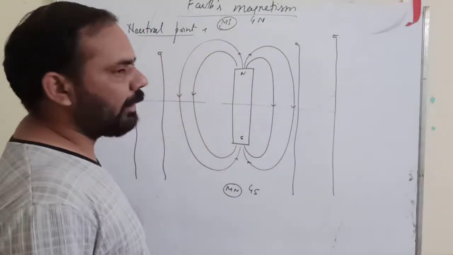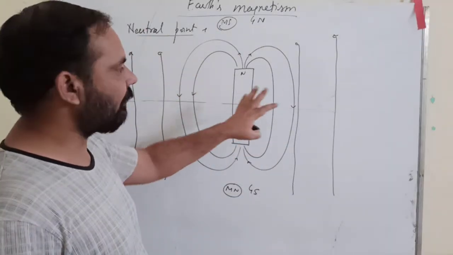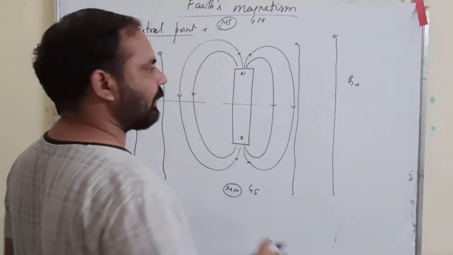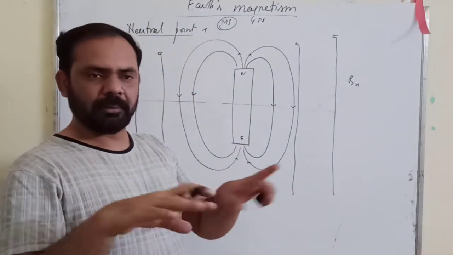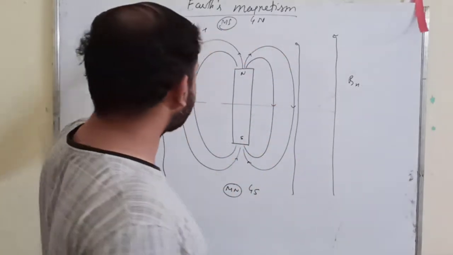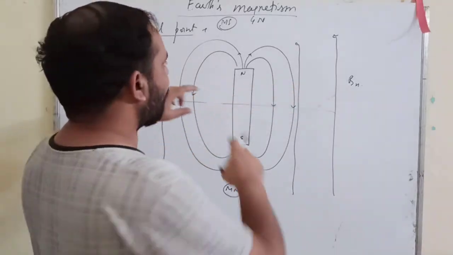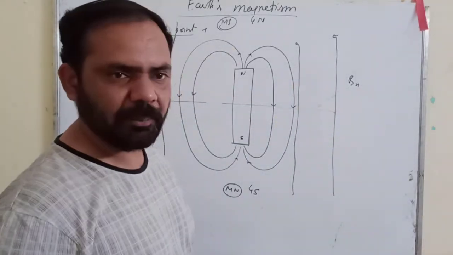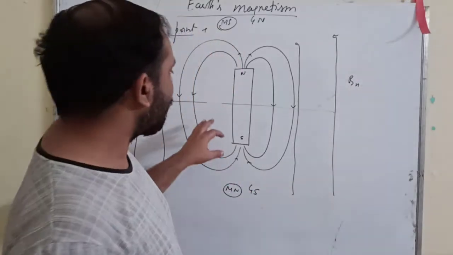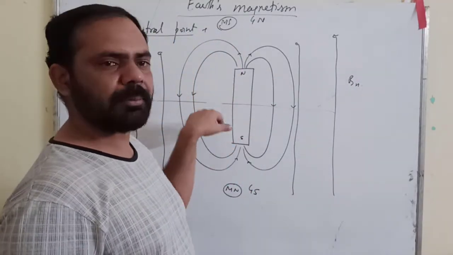Now the horizontal component of Earth's magnetic field will be nearly constant at a place because the size of Earth is very large. Suppose in this region, which is equal to the size of the board, we can consider that BH will be constant. Now what about the magnetic field of this bar magnet?